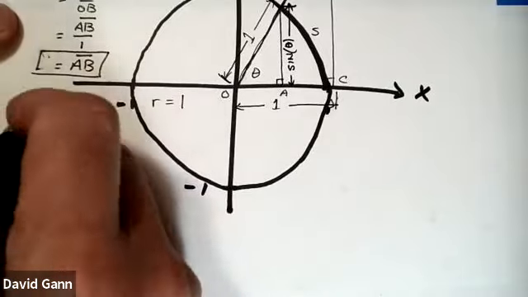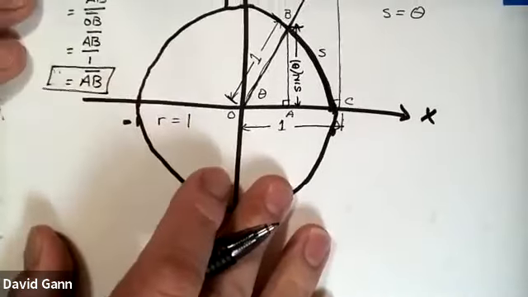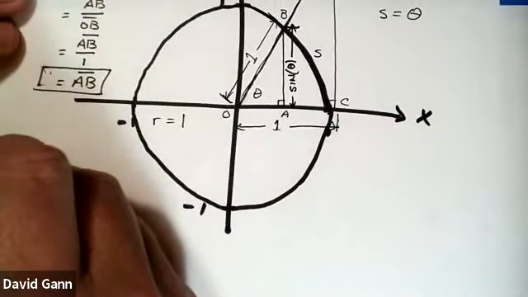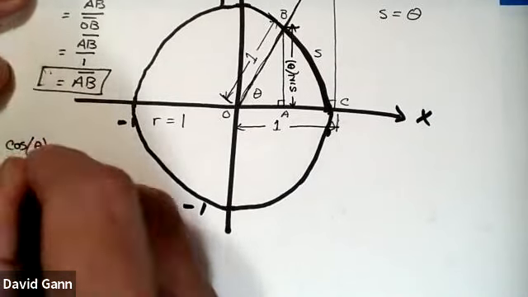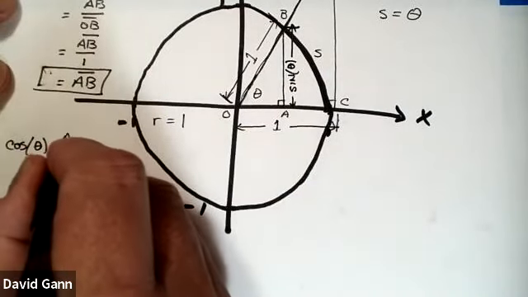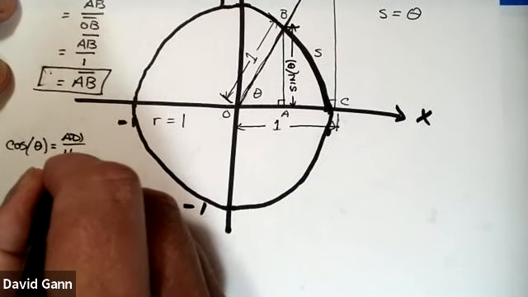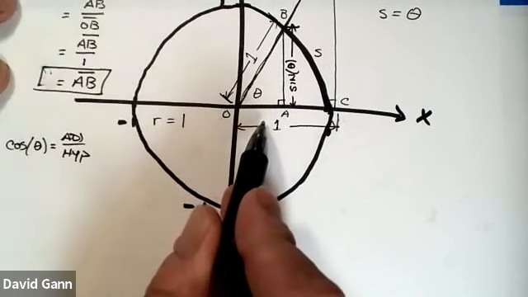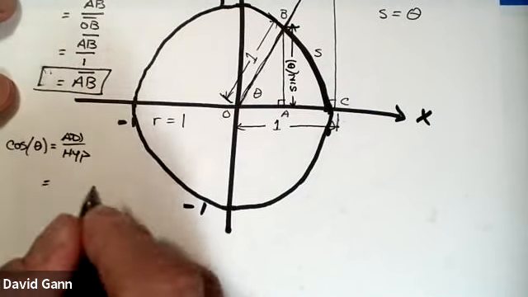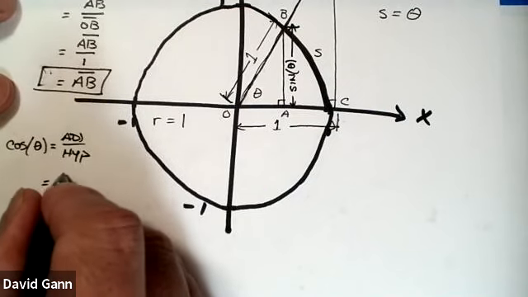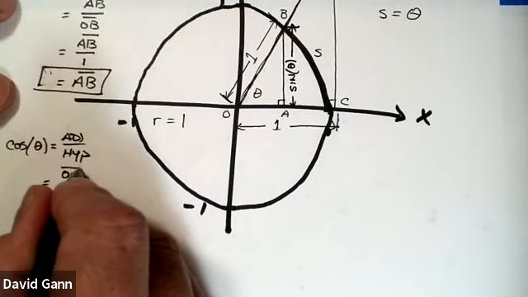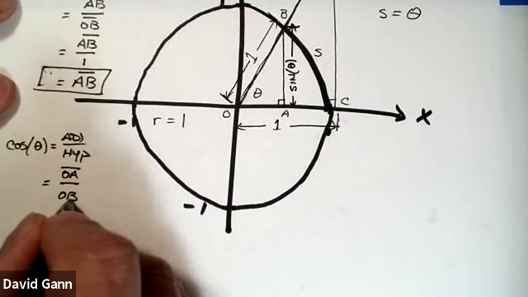Similarly, let's talk about cosine. So cosine of the angle is equal to the adjacent over the hypotenuse. And notice again that that's going to be equal to length OA over OB.